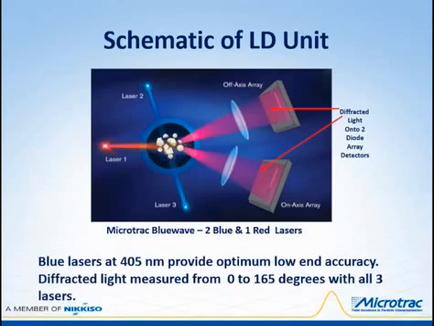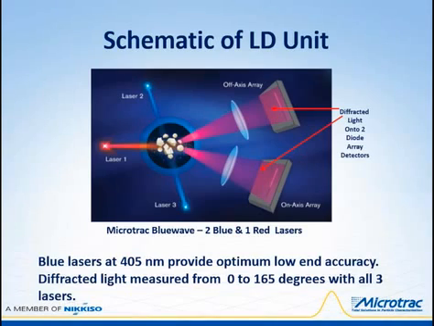To quickly review the principles of laser diffraction technology, smaller particles scatter coherent light at wider angles than do larger particles. The scattered light is collected by Fourier lenses in this three-laser model and is focused on different arrays of diode detectors which measure the intensity of scatter at all angles from 0 to 165 degrees.